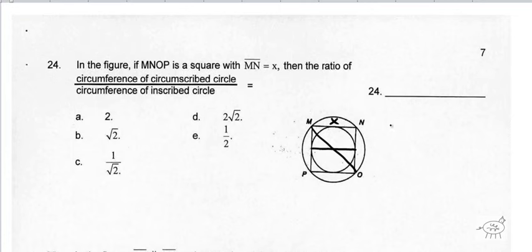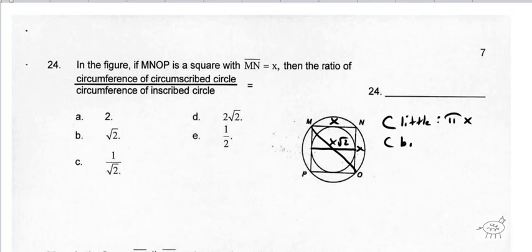Okay, so circumference of the little one is pi times diameter, so it's pi x. And the big one, remember if this is x, and this is x, it's just a square, so this is x root 2. That's the diameter of the big circle.